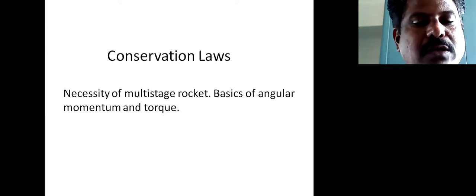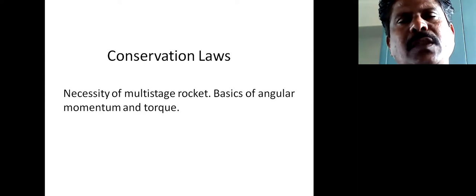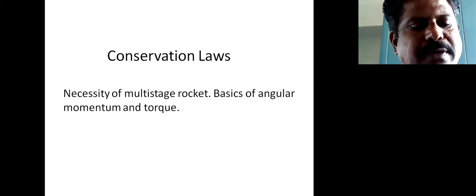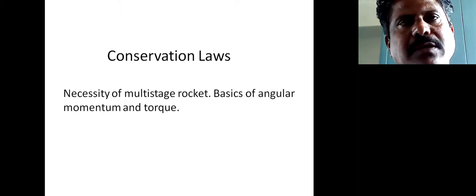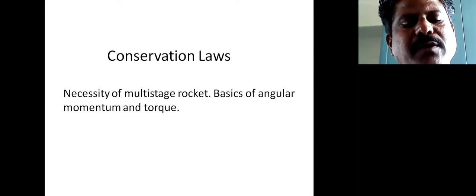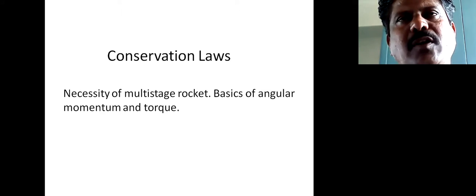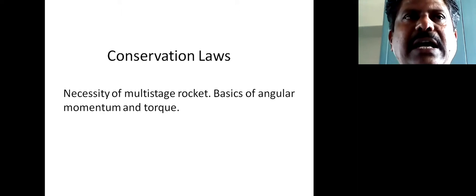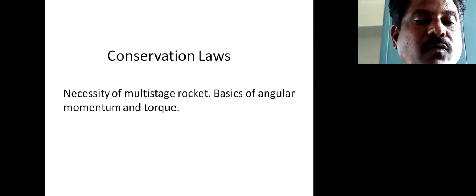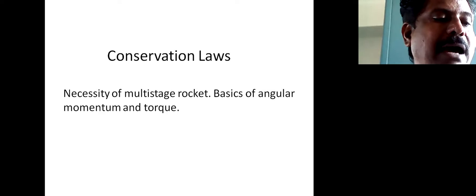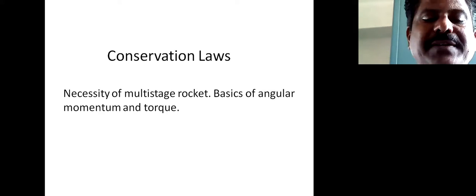That is v = v naught + v log of m naught divided by m, which gives the velocity of the rocket at any instant of time. So what is the use of having a multi-stage rocket?